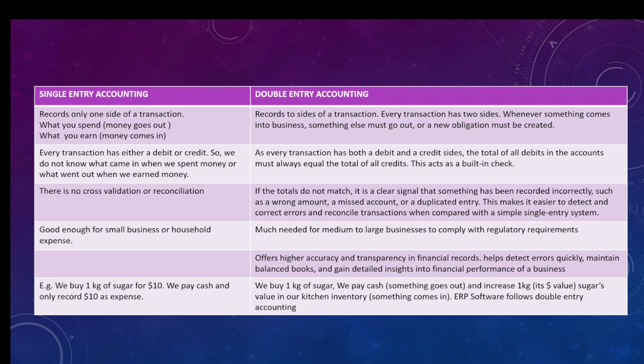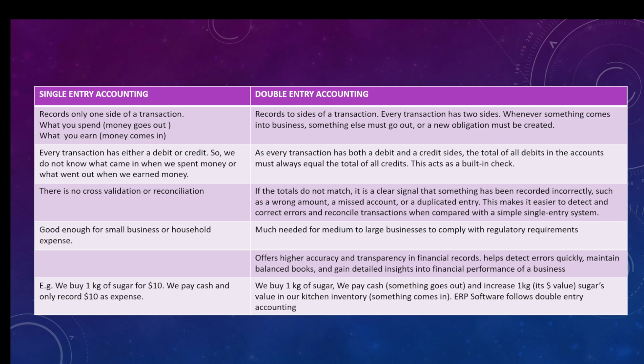This double entry helps us as a built-in check for ensuring that the transaction is complete, it is fully transparent, and you know what you spend and what comes in when you spend. For example, when I buy a spare part, I spend money, I pay cash, cash goes out. This is called something goes out, and the spare part comes in.